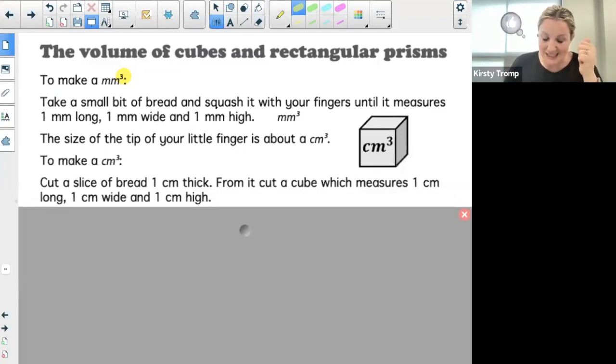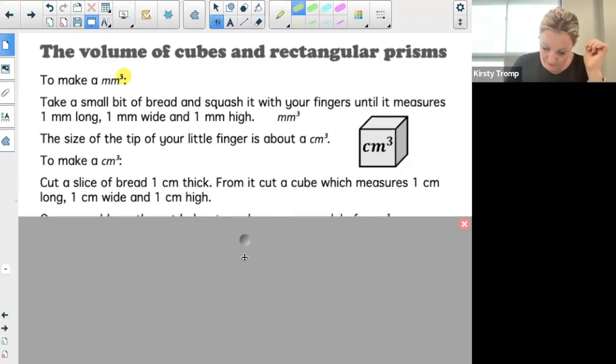Or you can think of it as if you cut a slice of bread that's 1 centimeter thick, and then from that you cut a cube that measures 1 centimeter long by 1 centimeter wide. It'll then have a height of 1 centimeter high, and that would also be a cube.